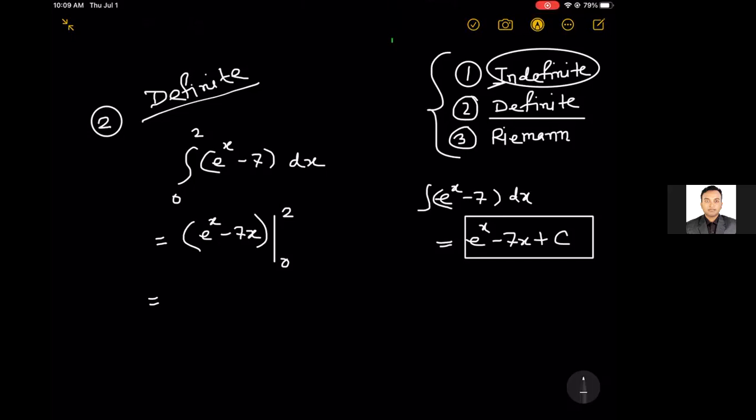I was just going to say plug in 2 for x and then subtract 0 for x. Okay, so like this, e to the 2 minus 7 times 2, and then minus e to the 0 minus 7 times 0.